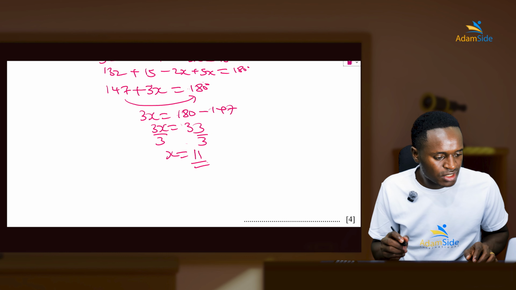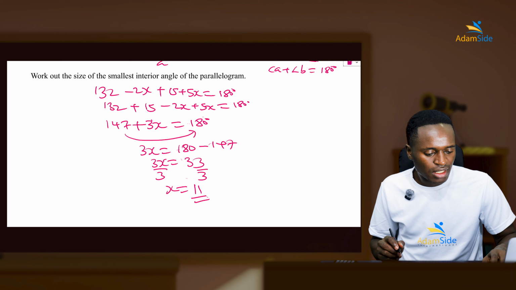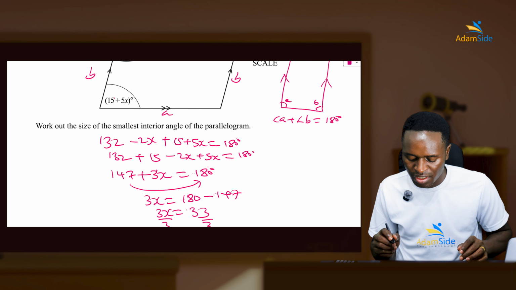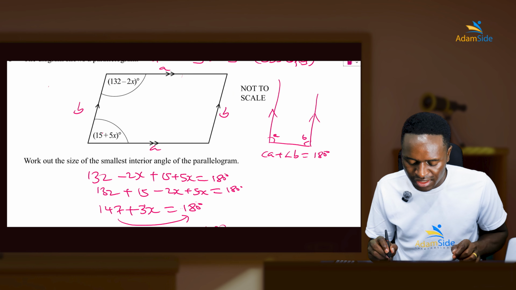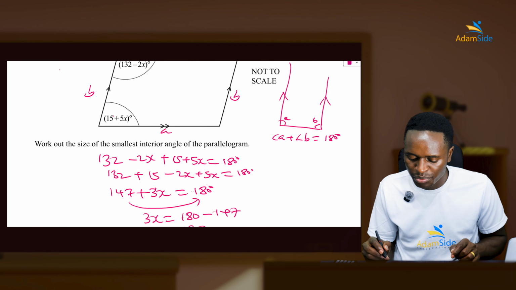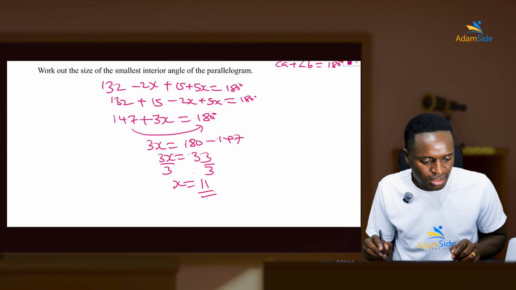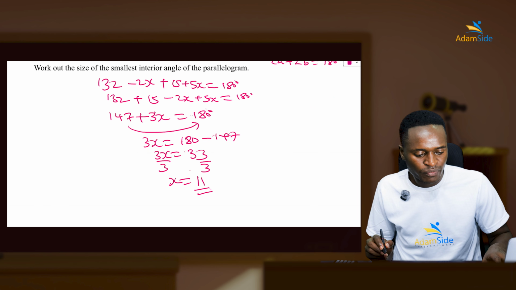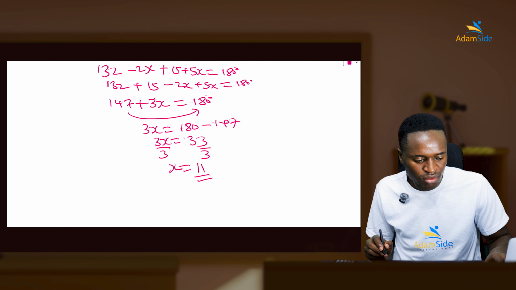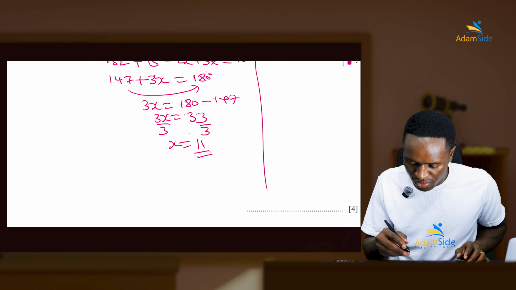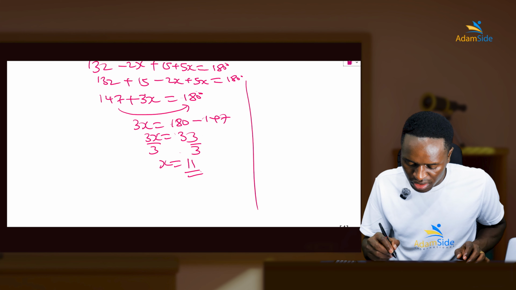After getting that, because they asked us to find the size of the smallest interior angle of the parallelogram, we want to find which one is the smallest. You can substitute the value of x, since we have found it. If the value of x is 11, we go to the expressions in the question.